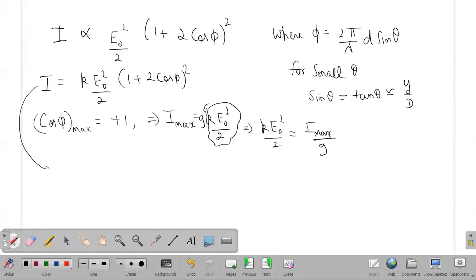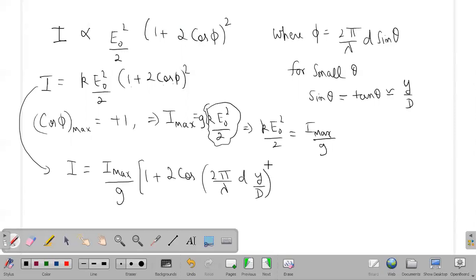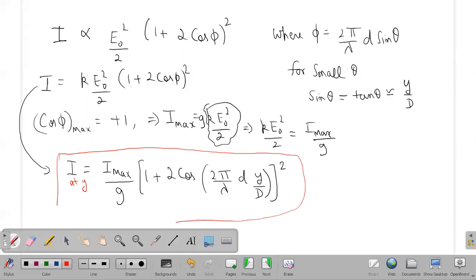Then I can simplify my expression: I equals maximum intensity over 9 times 1 plus 2 cos phi, where phi is replaced by 2 pi over lambda d, and sine theta is y over capital D. So this is now the intensity at distance y on the screen compared with the maximum intensity.